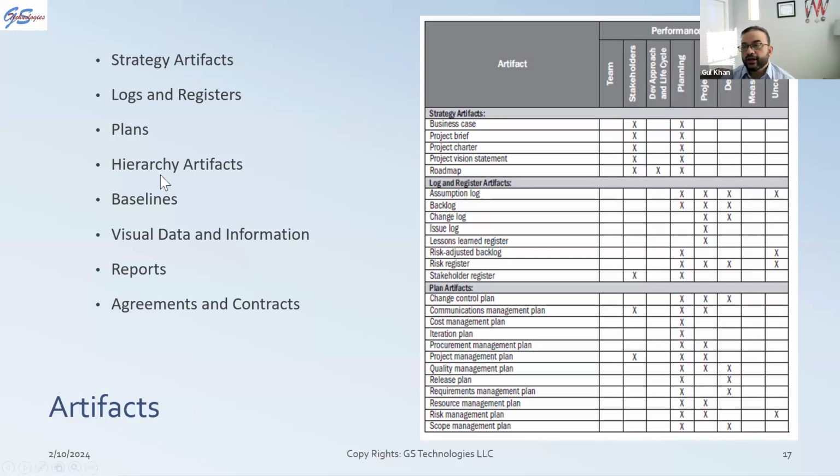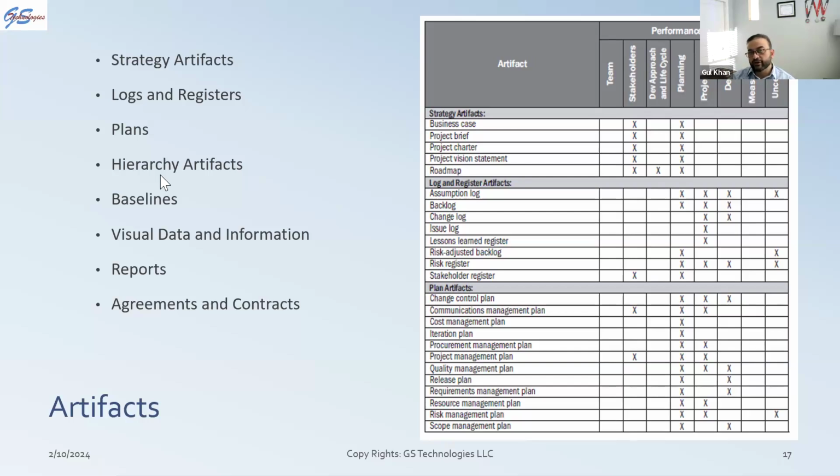If you look at it, I have these three categories right now: the plan artifacts, logs and registers, and then you have the strategy artifacts as well, which is basically the business cases, project briefs. I think one of you asked me earlier where we have the project brief discussion.